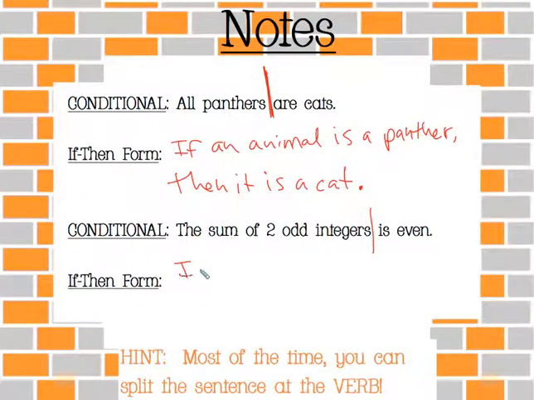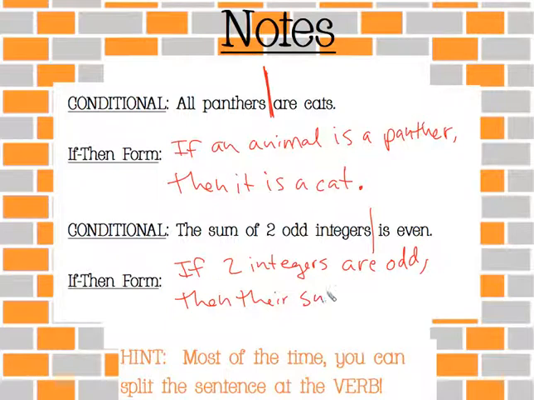So I would say if two integers are odd, then their sum is even. And I won't have you do this on the test. On a test, I'll give you the sentence in if-then form. But it's very important that you can see what the hypothesis and conclusion are, even if it's not in if-then form.